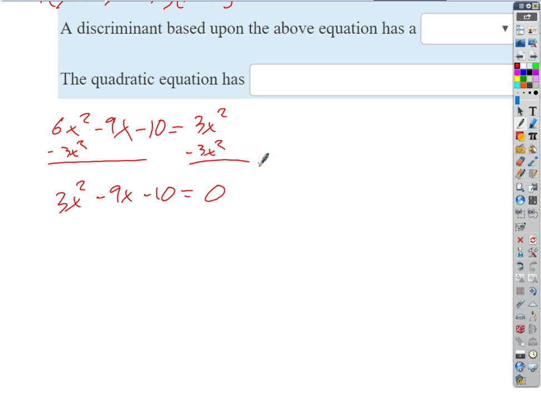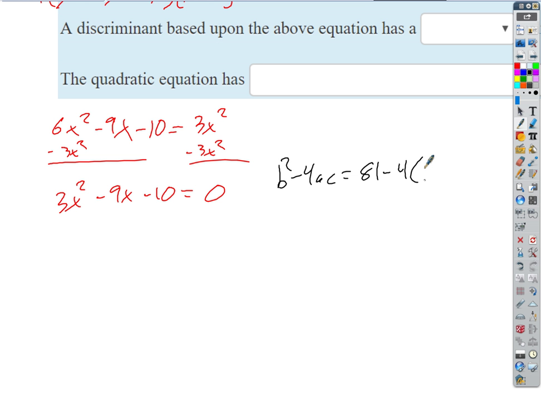Okay, now what's A? 3. B? Negative 9. C? Negative 10. So I'm going to get 81, right? B squared is always positive, because squaring a negative number is still positive.